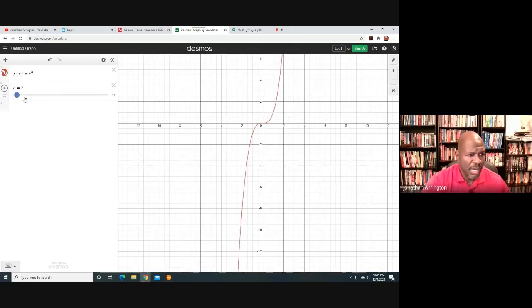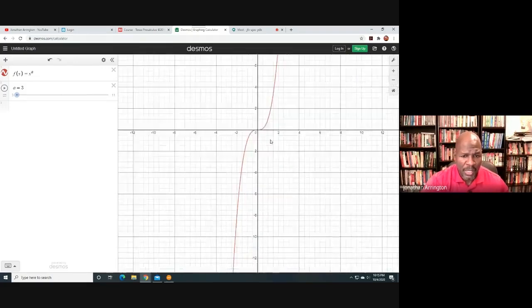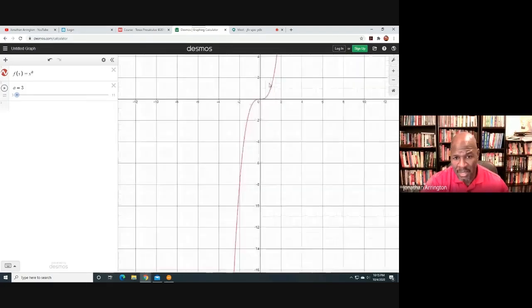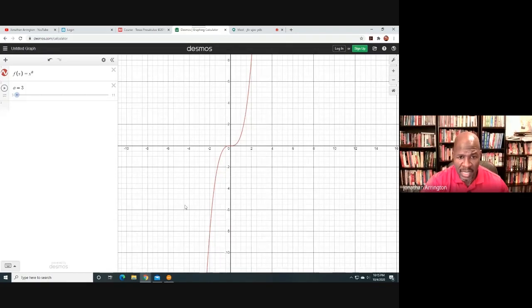And even if the exponent was 1, just x, a linear function, it would be a line, it wouldn't have these curves, but the end behavior would be exactly the same, meaning it would be going up on the right and going down on the left. So let's talk about that particular end behavior.